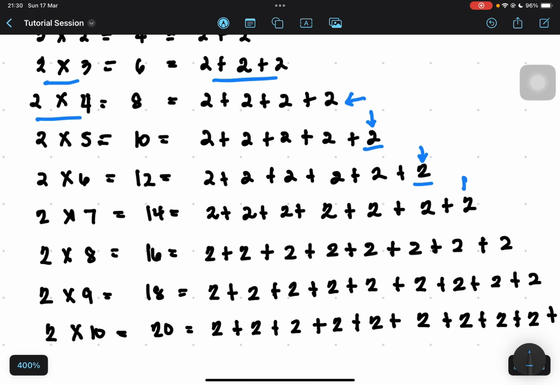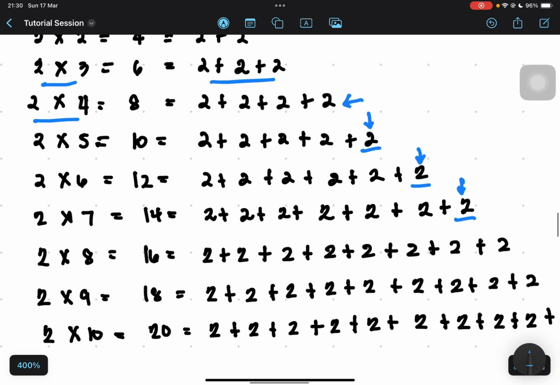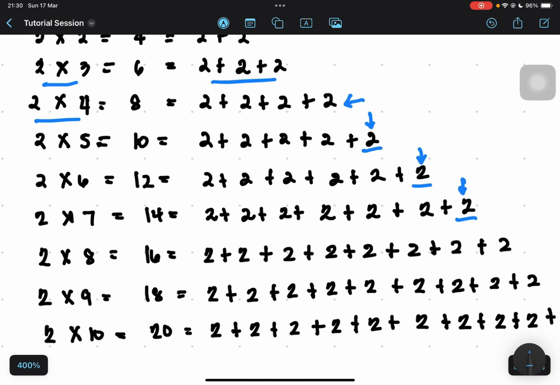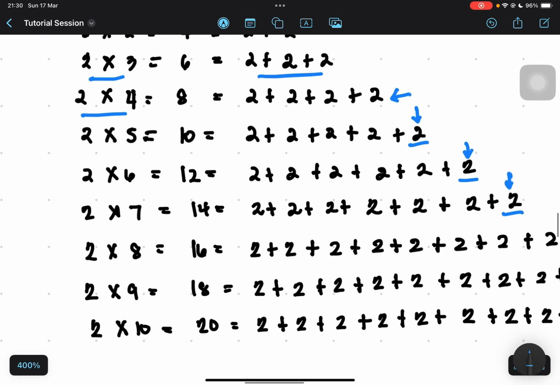Then we add another 2 here. It makes us interpret it as adding 2 seven times. That is 14. Then the interpretation is 2 times 7, meaning we add 2 by itself 7 times.